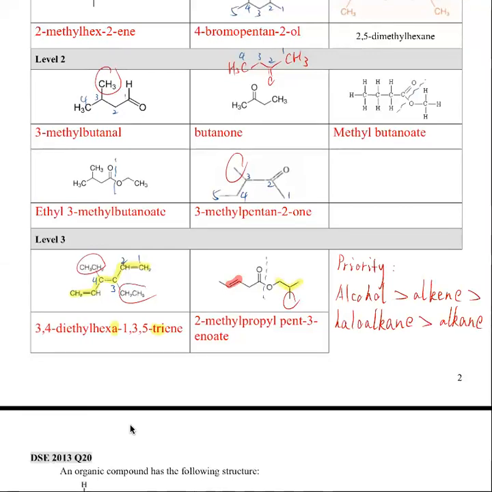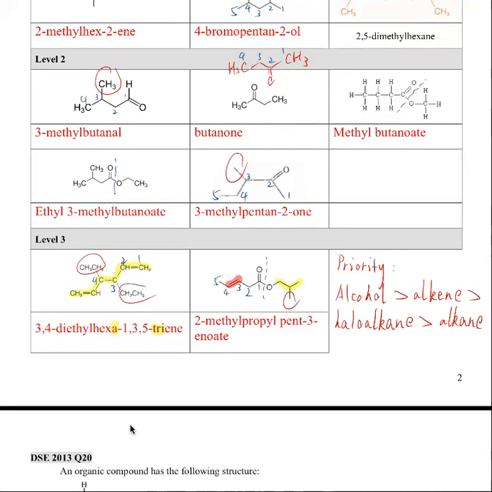Okay, so for this molecule, carboxylic acid is higher priority than the double bond, alkene. So we should use the main part to number it. Okay, so the main part should be 1, 2, 3, 4, 5.